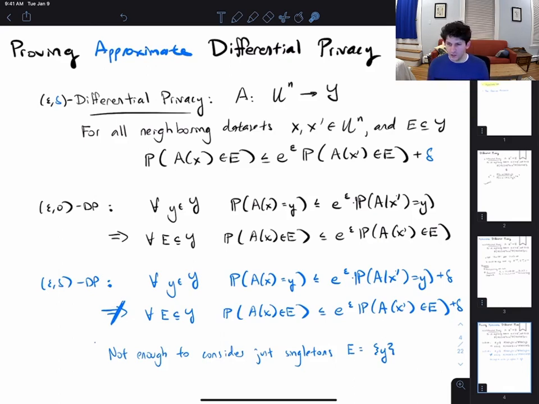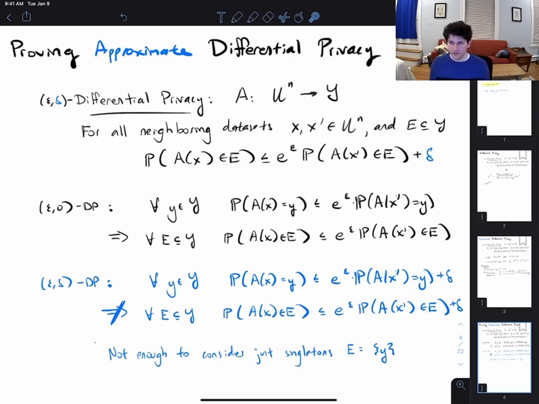Intuitively, the reason is that when I take a sum over all of the elements of the set E, I have to add up the deltas, and I could be adding up a large or even infinite number of deltas. So it's not enough to consider just singleton events. We really have to focus on arbitrary events E when we prove approximate differential privacy.